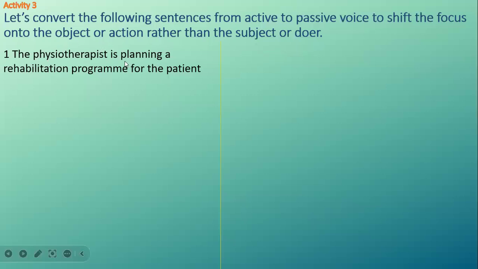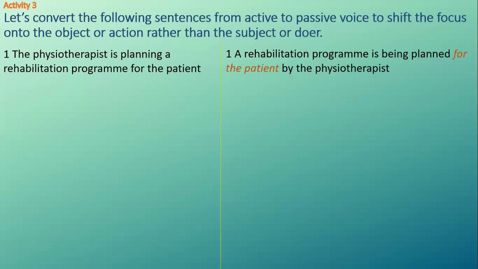So when we are changing this present progressive, we can use being here and we can change it like this: a rehabilitation program is being planned for the patient by the physiotherapist. Now, as I said, you can omit or exclude the unnecessary information.